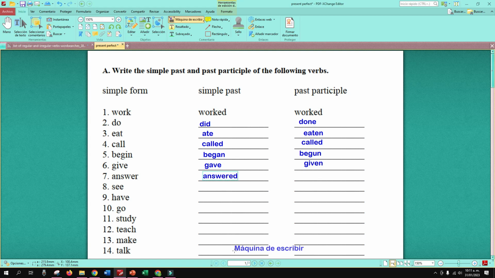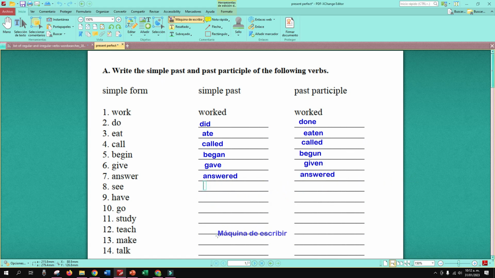That is easy. Answered. That is a regular one. Answered. And also the past participle, that is answered. Okay? So there you have answer, answered, answered. That is the past participle.